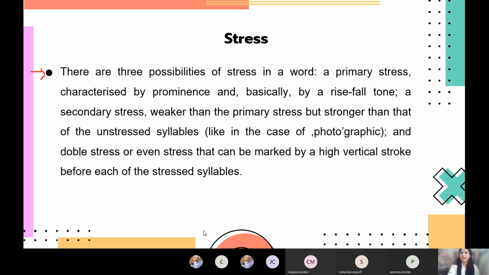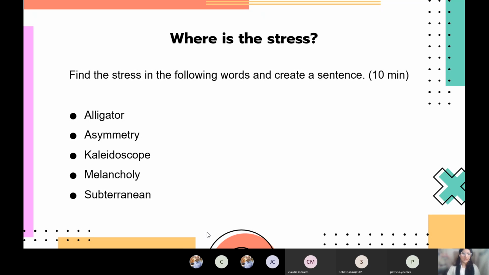So now we are going to do the final activity of this part, which is about finding the stress in these words. And I also want you to create a sentence using these words. You can use an online dictionary, because I don't know if I mentioned, but I want you to tell me where the stress is located in these words, the primary stress in this case.